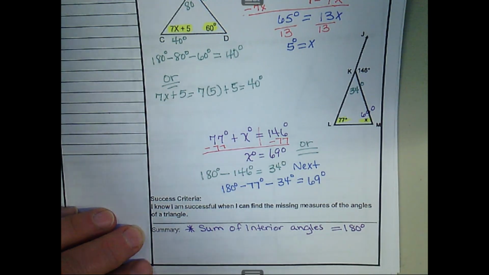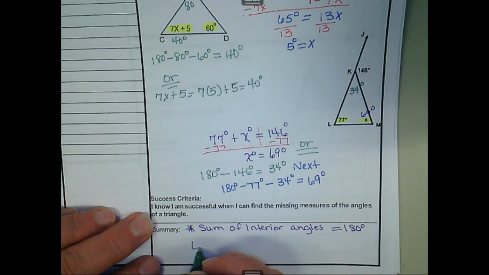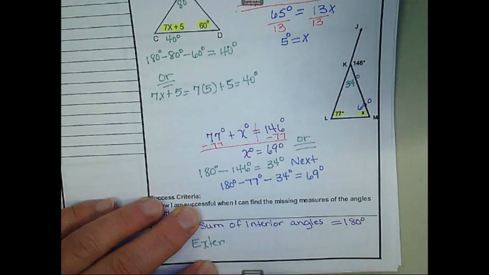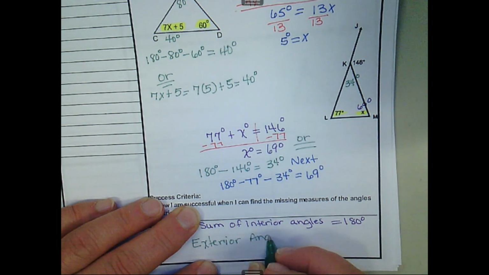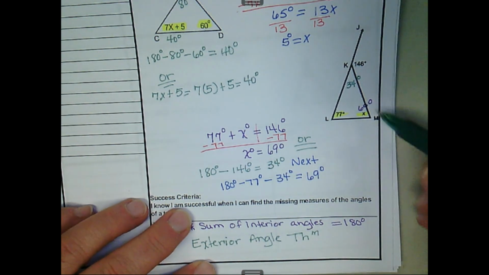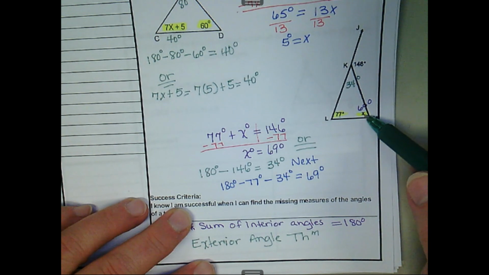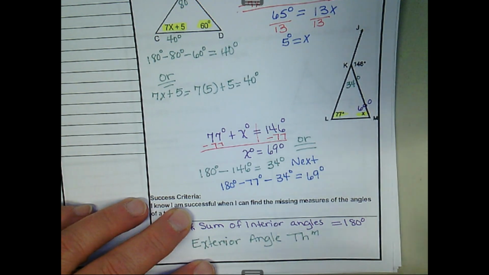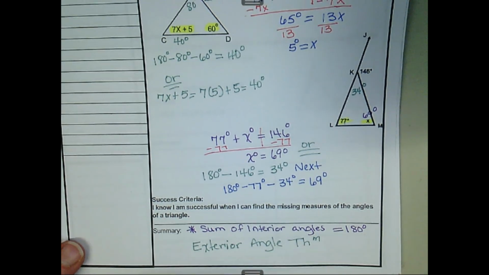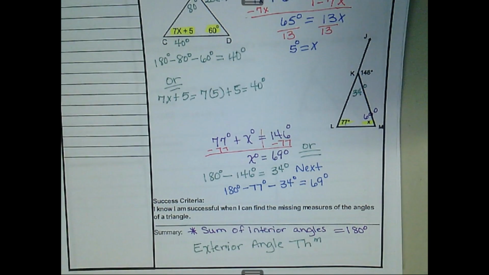The other thing we're now using is the exterior angle theorem. That's where these two remote, when you add them together, will equal your one on the outside. So if you're still struggling, come talk to me and we will see what we can help you with.